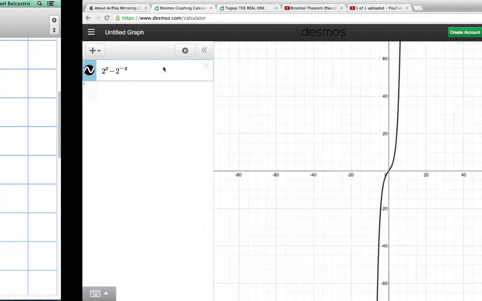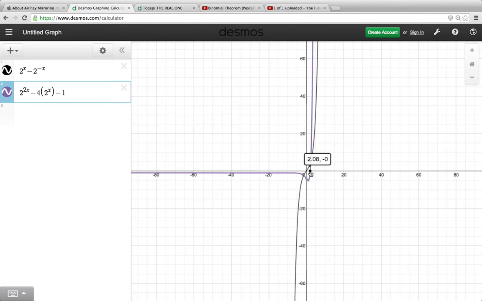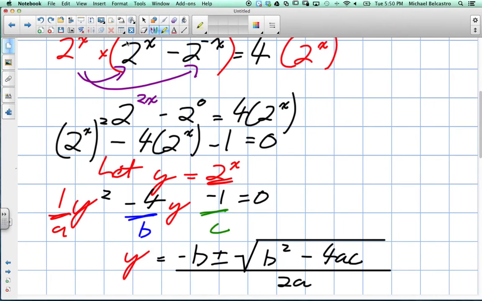So we have 2 to the power of 2x minus 4 times 2 to the power of x minus 1, which should give us our intercept at 2.08. Okay, and that's essentially our graphical proof of what we just did over here.